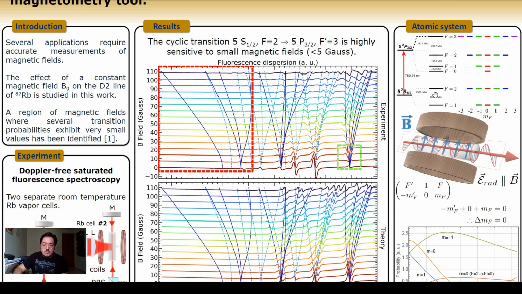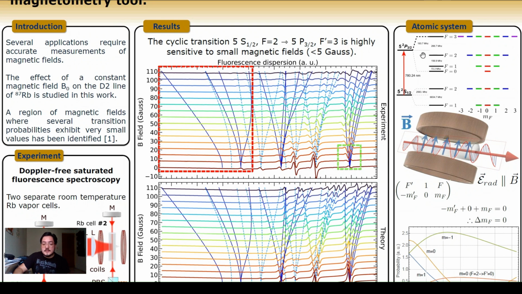For this work, we chose the F2 state of the rubidium isotope. Furthermore, at zero magnetic field, the saturated fluorescence spectrum resolves the hyperfine structure of the 5p 3/2 state.